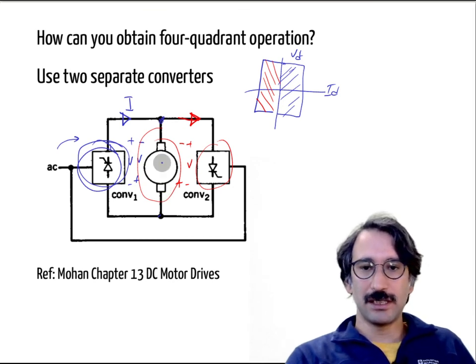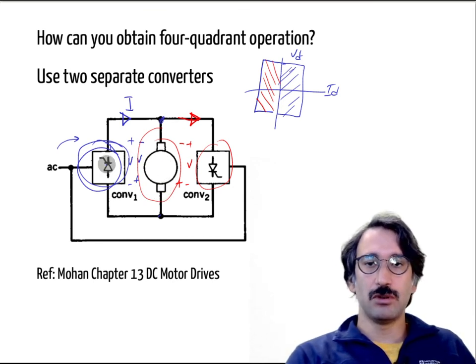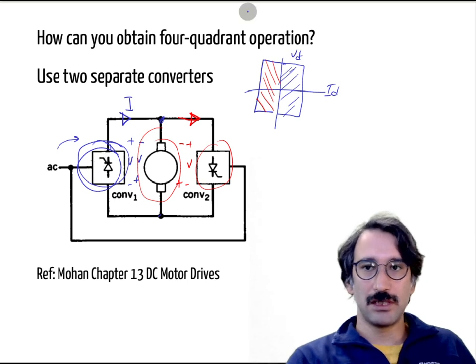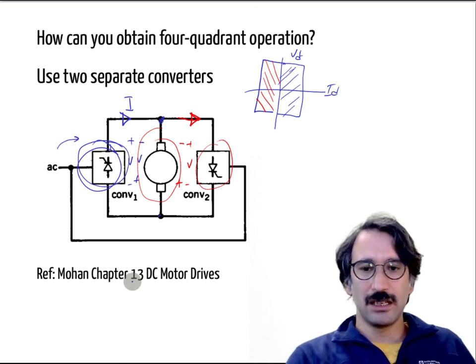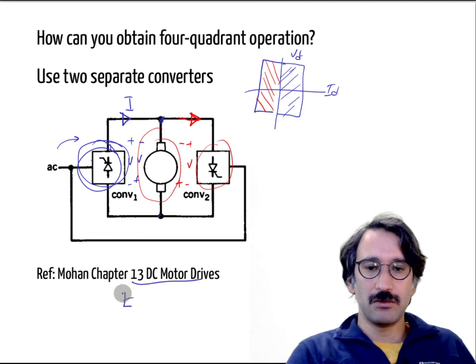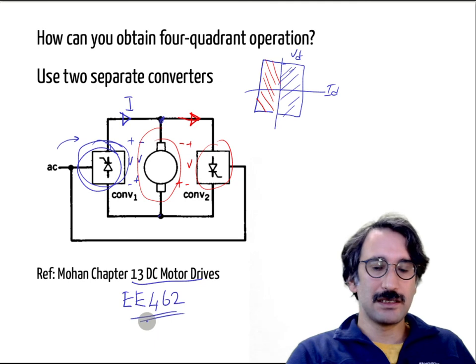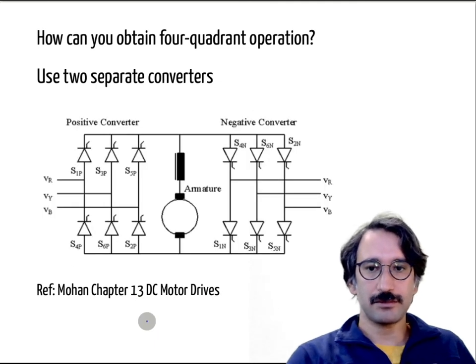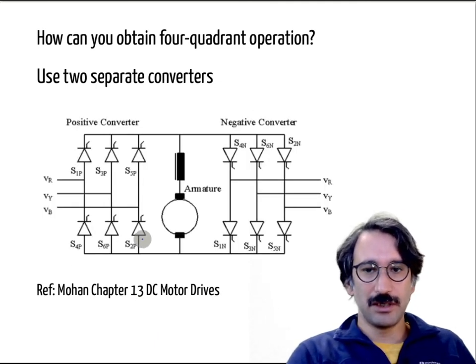Using that, it is possible to control your DC motor as much as you like. You will see more detail about it in your chapter 13, which is outside the scope of this course, but you will see that kind of motor drive next semester. This is a better representation, controlled by 3 phases.